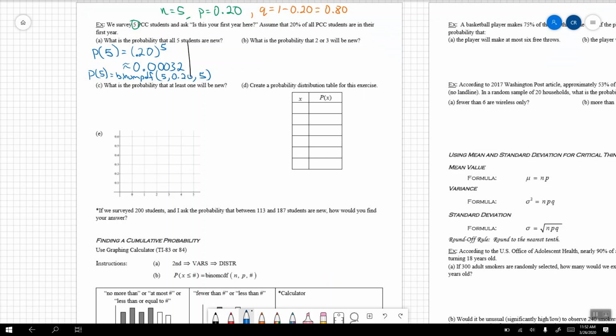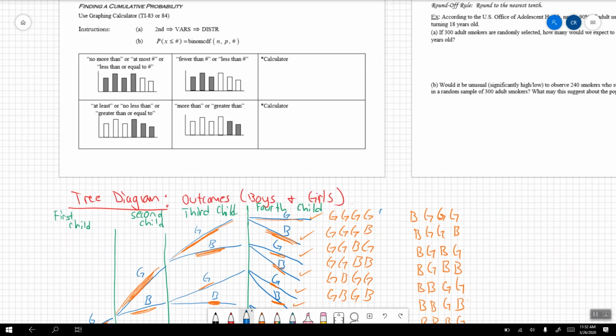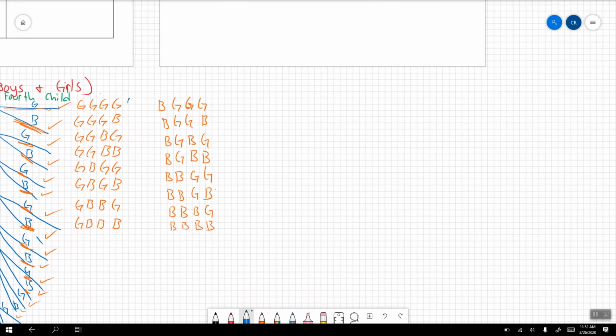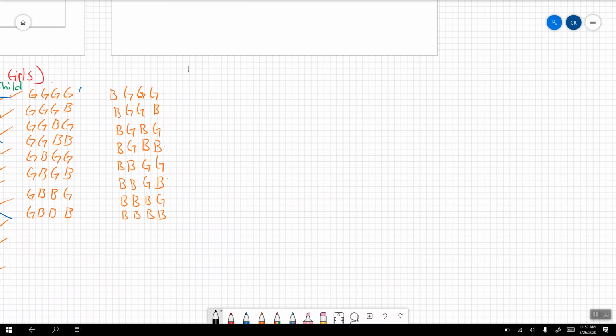All right, here we are. So the answer that the calculator gave us, I'm going to scroll down right over here. When the calculator gives us 3.2 E, and then it says -4, this is 3.2 times 10 to the power of -4.